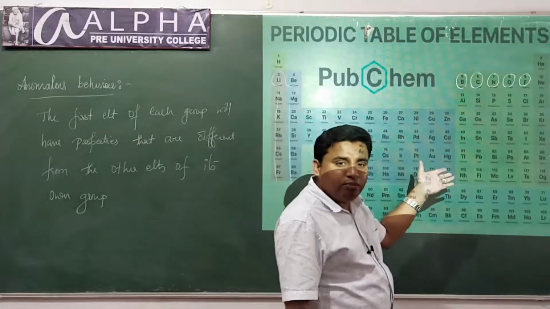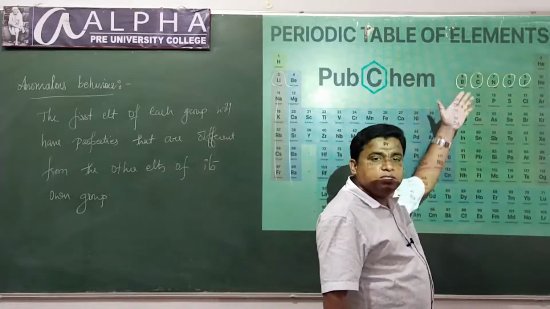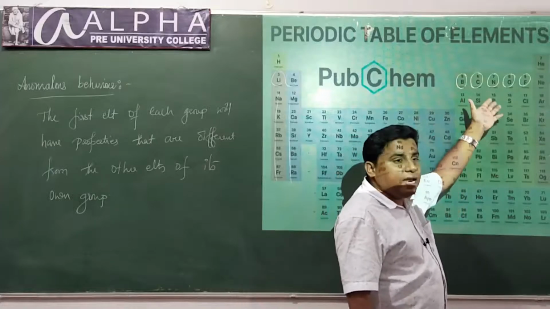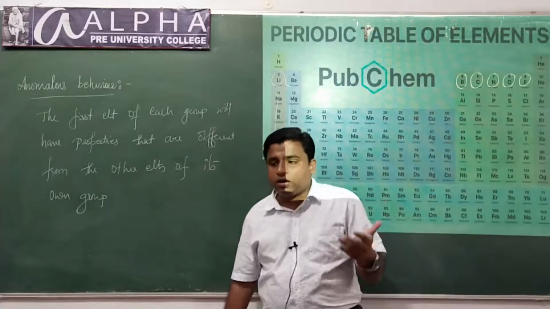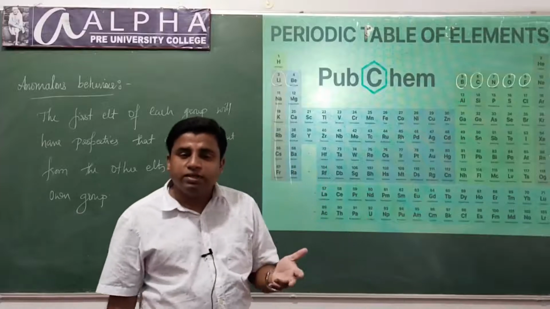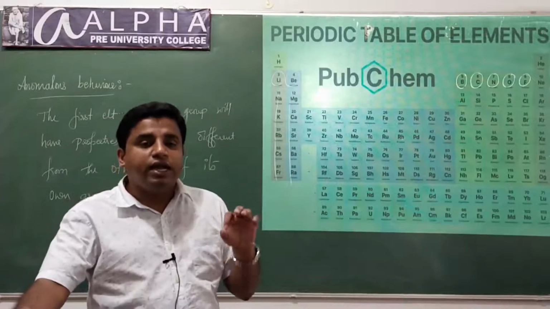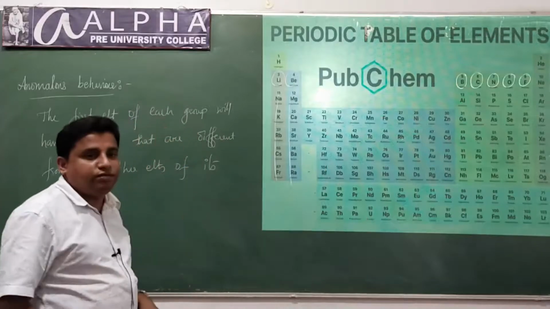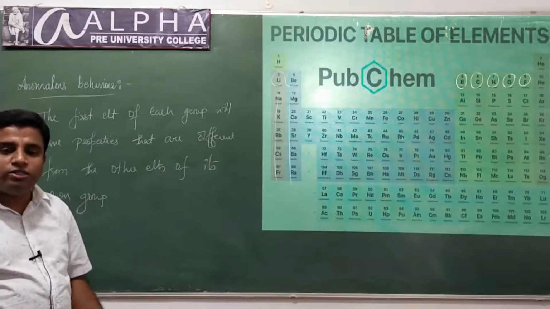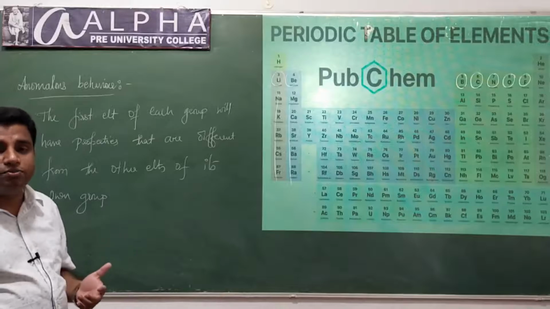Boron has different properties. Carbon has different properties. Nitrogen has different properties. Like that, oxygen and fluorine will have different properties from the other elements of their own group. What do you call this behavior? It is called anomalous behavior.